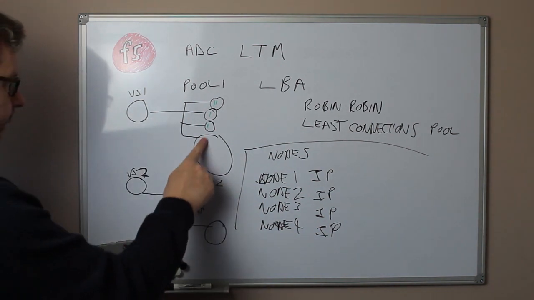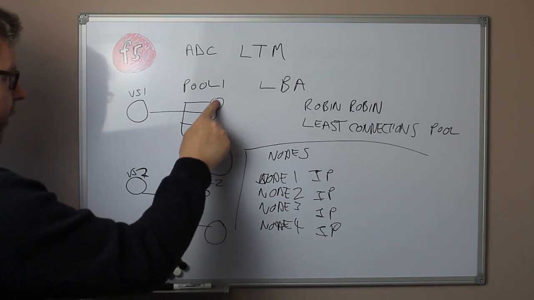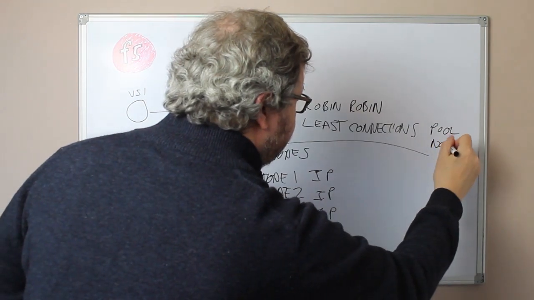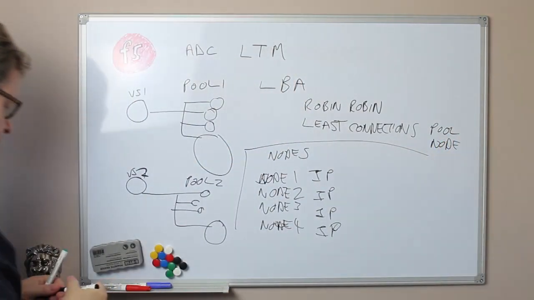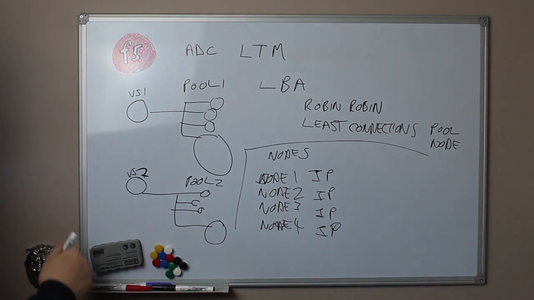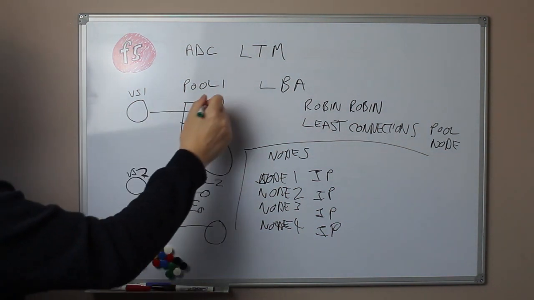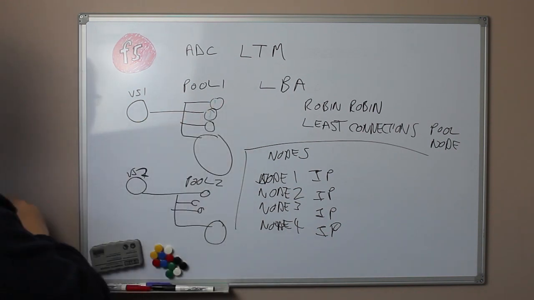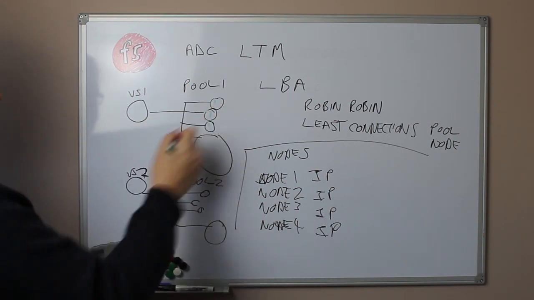Now if we use least connections node, then what we'll see is request 1 comes in, virtual server 1 goes to pool member 1. Request 2 comes in, pool member 2. Request 3 comes in, pool member 3.